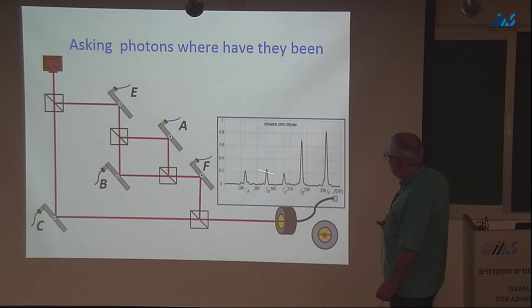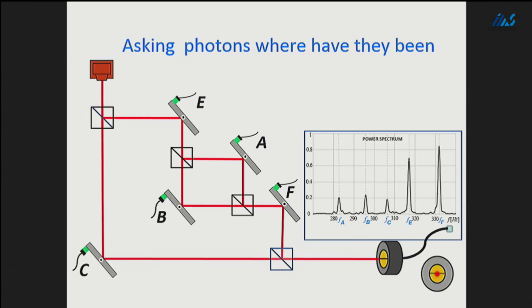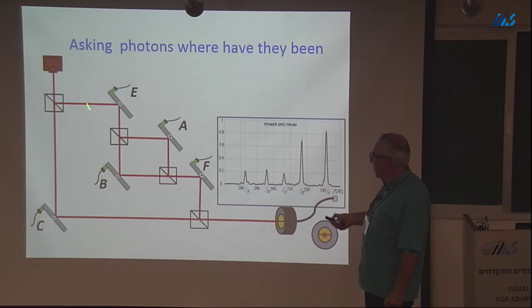So we got a strong signal here and a strong signal here. This was done when we worked hard to make our interferometer tuned in such a way that it was destructive interference outside and constructive interference inside. So essentially, we didn't lose any photons. Every photon started from here and ended up here.